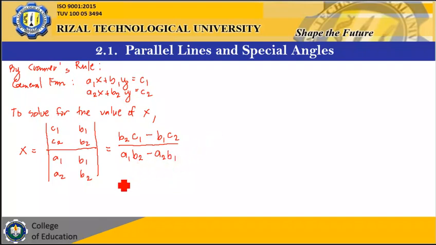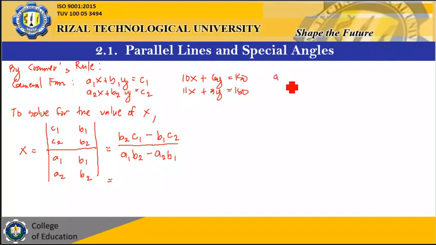Okay, so just plug in. We know that our equation number 1 is 10x plus 6y is equal to 180, and equation number 2 is 11x plus 3y is equal to 180.